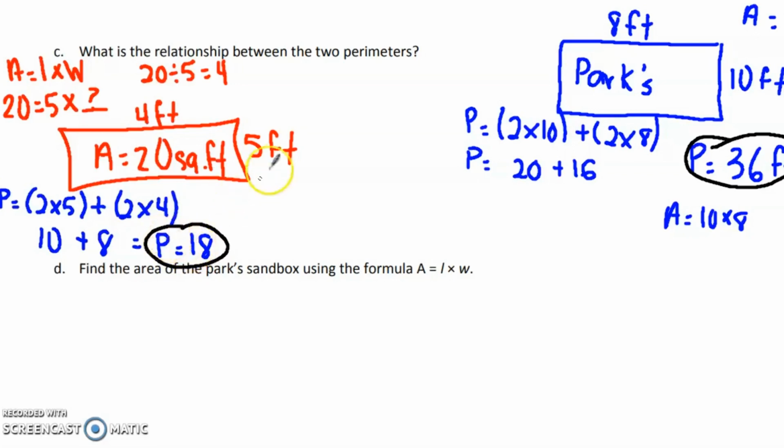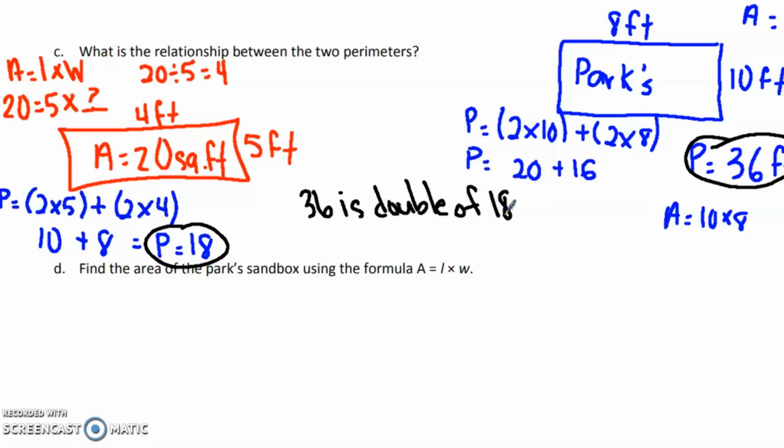So that means that the relationship between the two perimeters is, let me rephrase that, the perimeter of Betsy's sandbox, we know it's less than the perimeter of the Park sandbox, but what we can definitely say is that the perimeter of the Park sandbox, this perimeter 36, is double. 36 is double of 18.